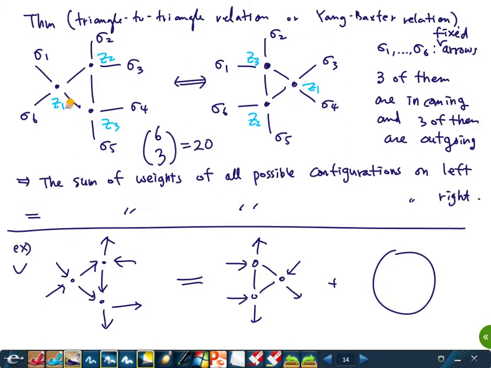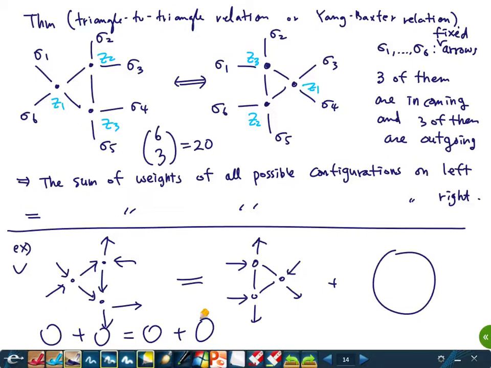So in this special example, we had only one configuration, but sometimes we have more than one, and you need to prove something like that. But it's just a case by case proof. Anyone can do this. All right. Is this okay?